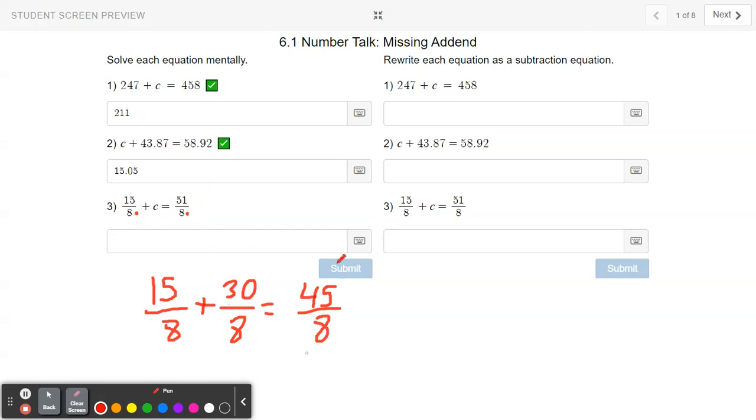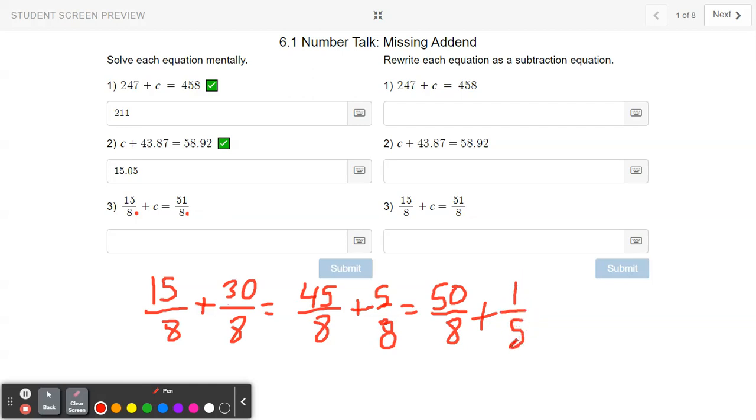So now I'm going to do my sum of 10, right? I'm going to try to add 5/8 on because I know 5/8 added to 45/8 gives me 50, right? So 45 plus that 5 is 50/8. And then that means I have to add on just one more eighth to get to 51. All right.